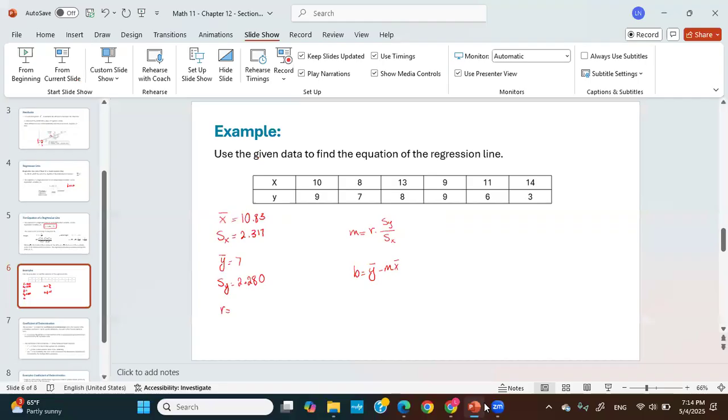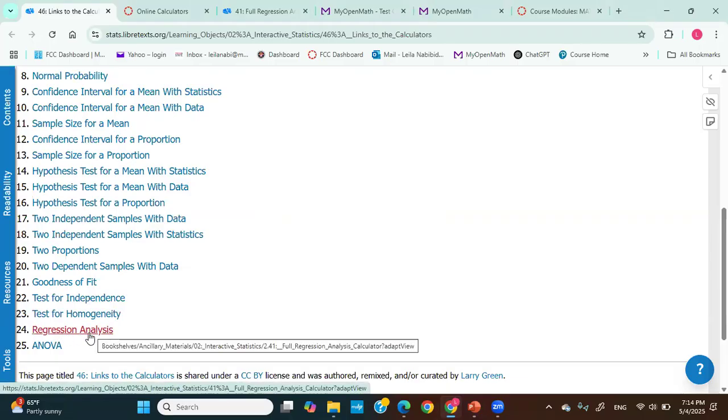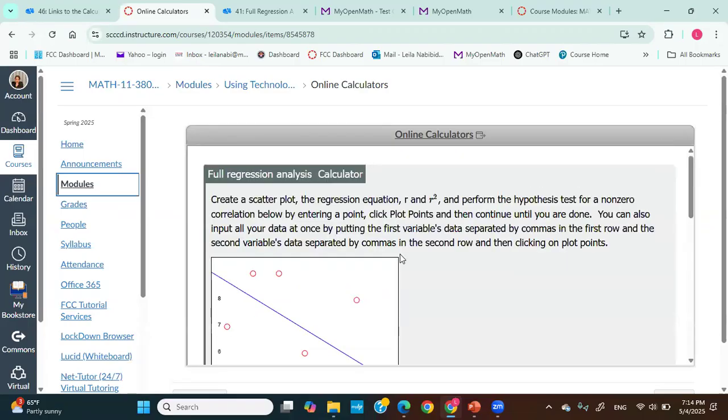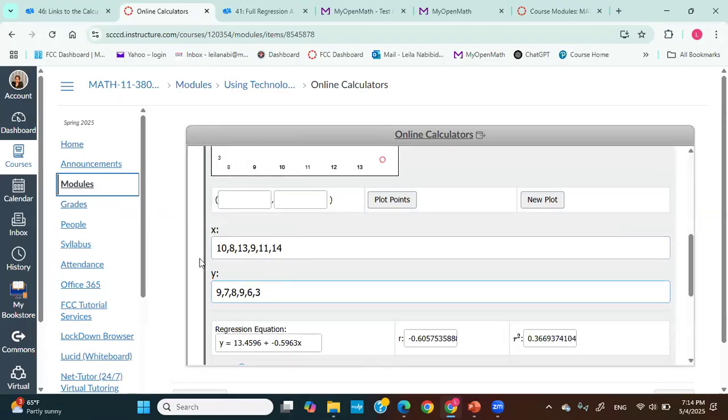Okay, so if you look at the list of online calculators, you will see that number 24 is called regression analysis. If you click on this calculator, you will get this calculator. It asks you to type in all of the x values and the y values, and I typed in all of the x values and y values to save time.